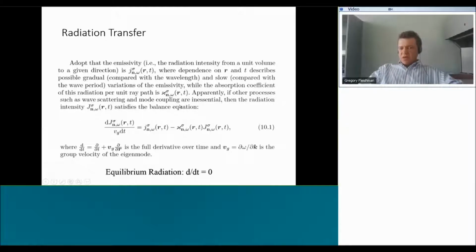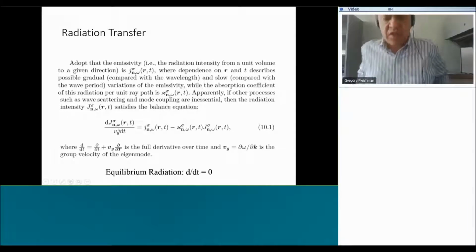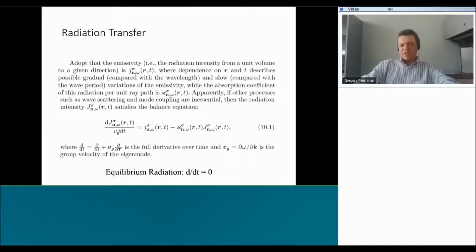If, as I said, we do not consider scattering and only consider the two processes of emission and absorption, it is easy to write the equation describing the balance between emission and absorption. The intensity of radiation on the left and its derivative over time, so how the radiation intensity changes with time, is controlled by the balance between emission and absorption. The stronger the emissivity, the bigger the emission, so it enters with a plus sign.